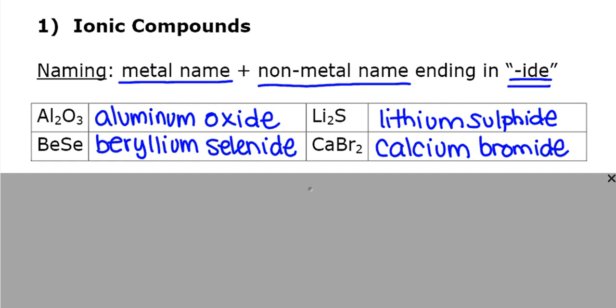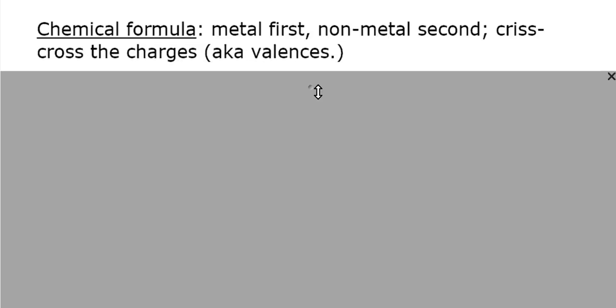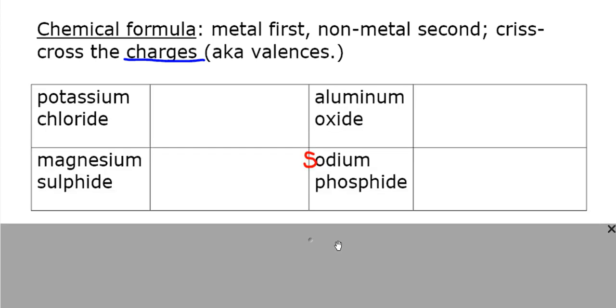Let's continue on and look at how to write out their formulas from the name. So when you're writing chemical formulas, the metal comes first, the nonmetal comes second, and what you have to do is do that crisscross, and you crisscross the charges. Sometimes the charges are also called valences. So again, let's practice a couple together. First, we've got potassium chloride.